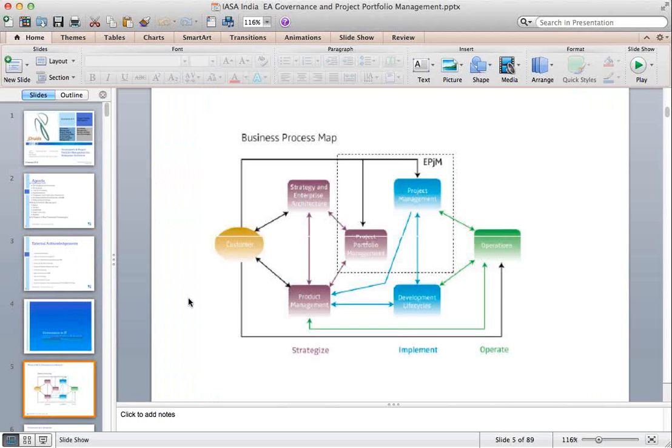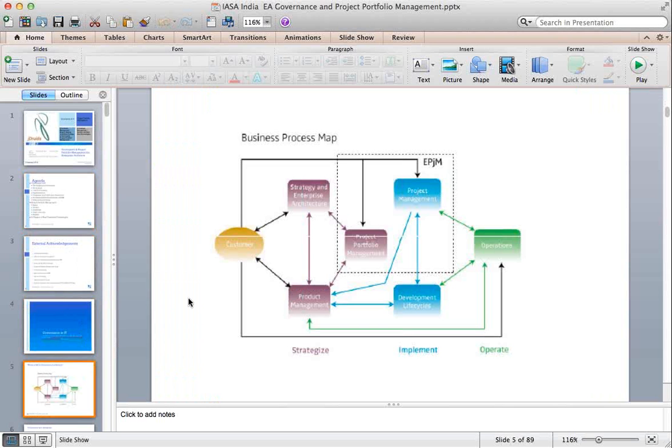We have project portfolio management trying to assess how these products on offer in the organization, based on the business strategy or the IT strategy, are going to be implemented. If I can segregate, there are two aspects to this which are very important in this business process map.